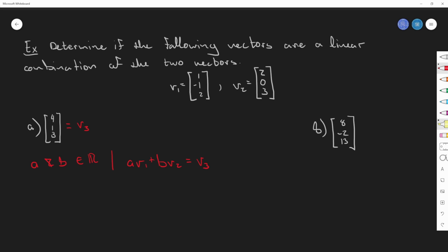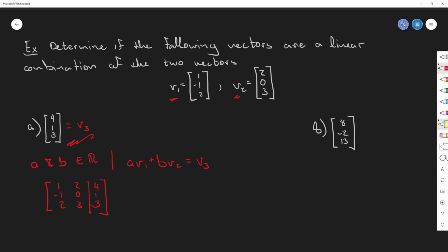And so what we can do is put vectors v1 and v2 and then v3 into an augmented matrix. So we're going to start off with v1, 1, negative 1, 2, then 2, 0, 3, and then 4, 1, 3.